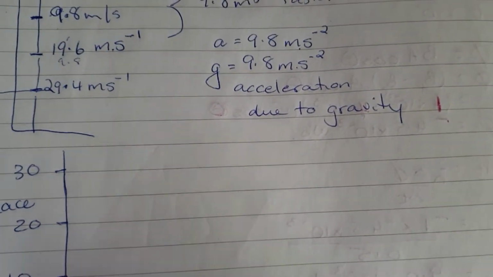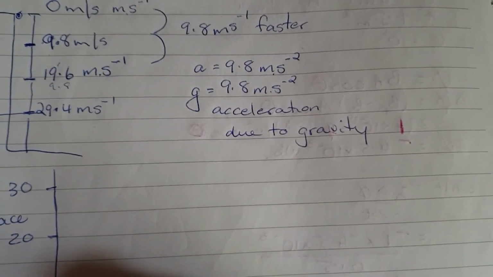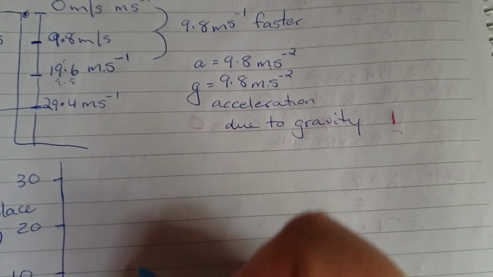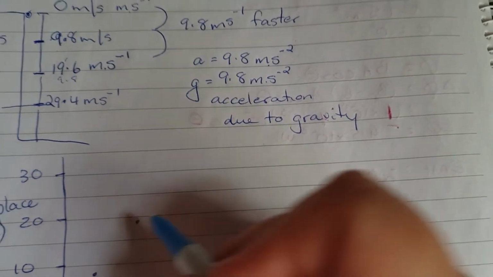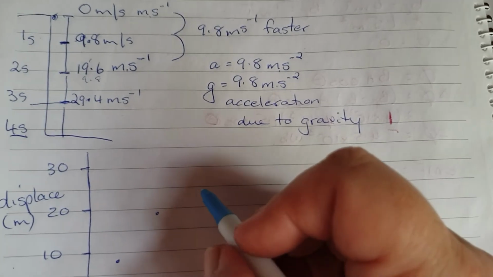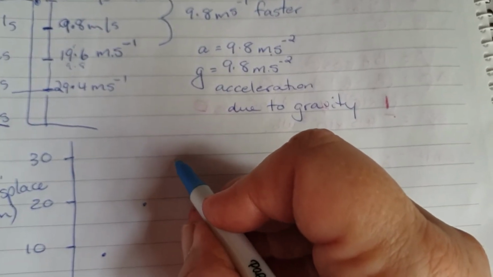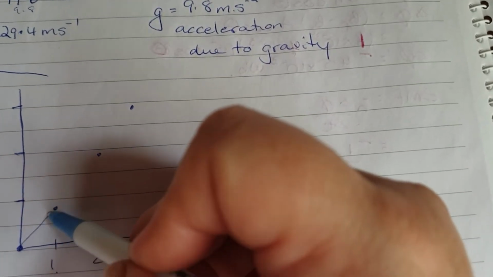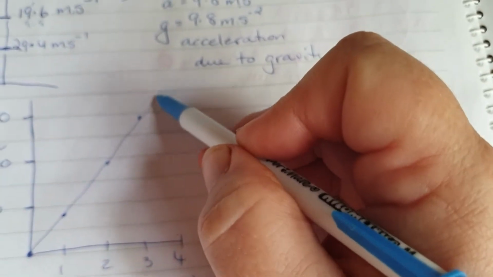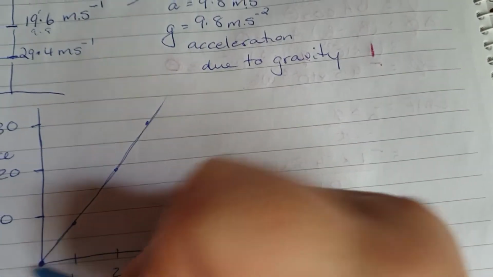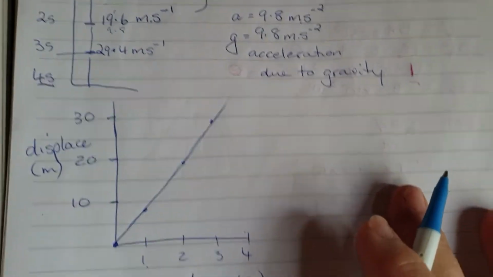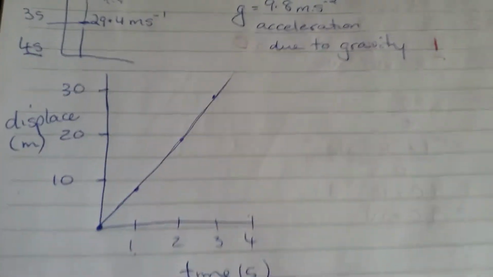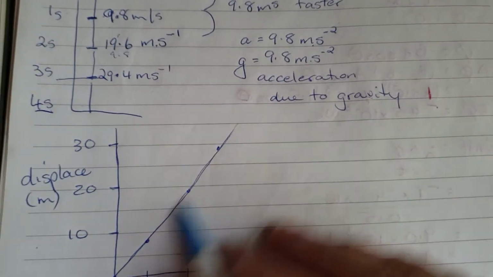So 0, 0. 1 is 9.8. 2 is 19.6. 3 is 29.4. Right? I would get a nice straight line. Which of course I would have used a ruler to line in, but I need 2 hands to use a ruler. Nice straight line.